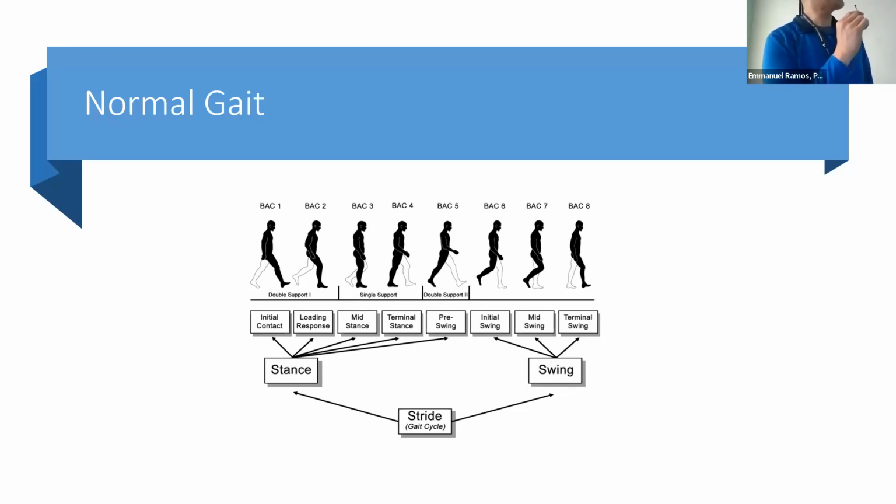The third one is the mid stance. The fourth is terminal stance, and then pre-swing, and then we come to the swing phase, which is the initial swing, the mid swing, and the terminal swing. Right? So as you can see, stance phase makes up most of the gait cycle, which is 60%.